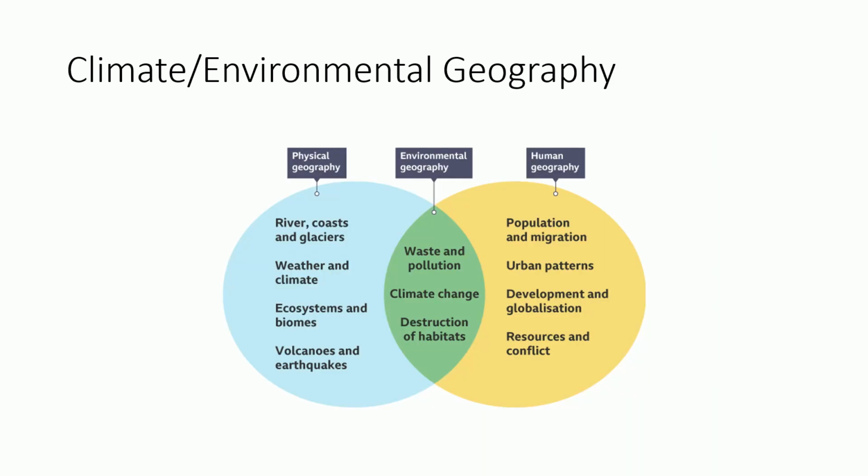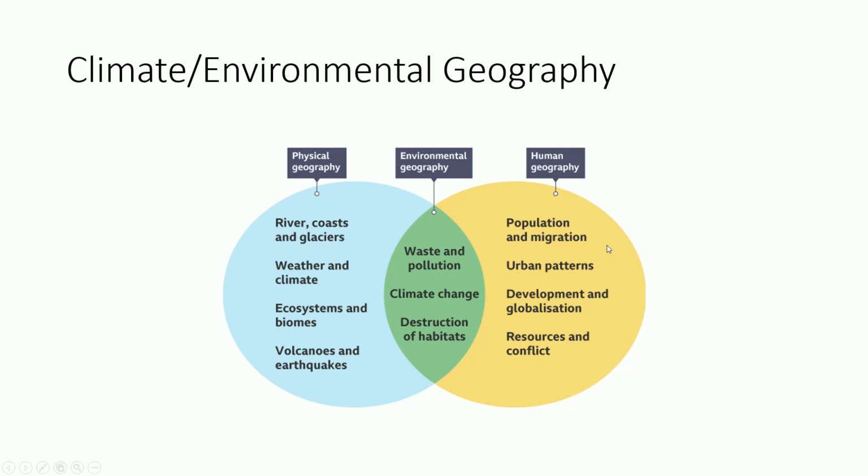Next is climate or environmental geography. This is the newest of the branches of geography. And essentially, it is the study of the ways in which human beings interact with their physical geography and create changes.